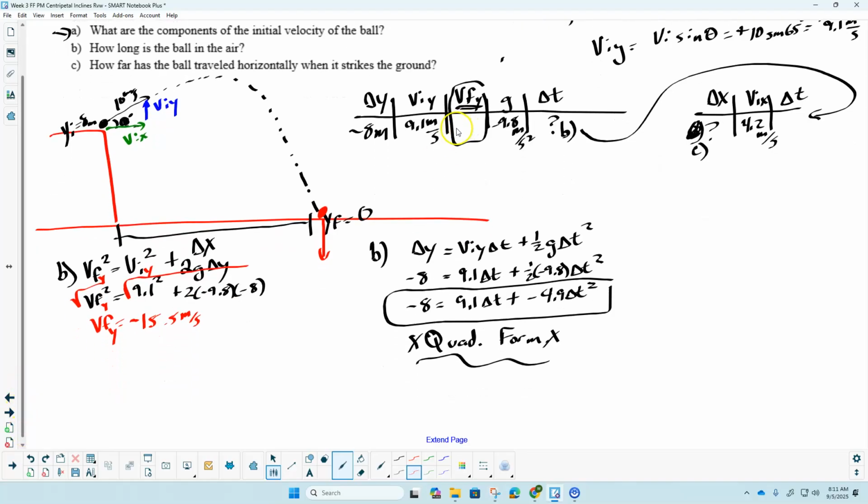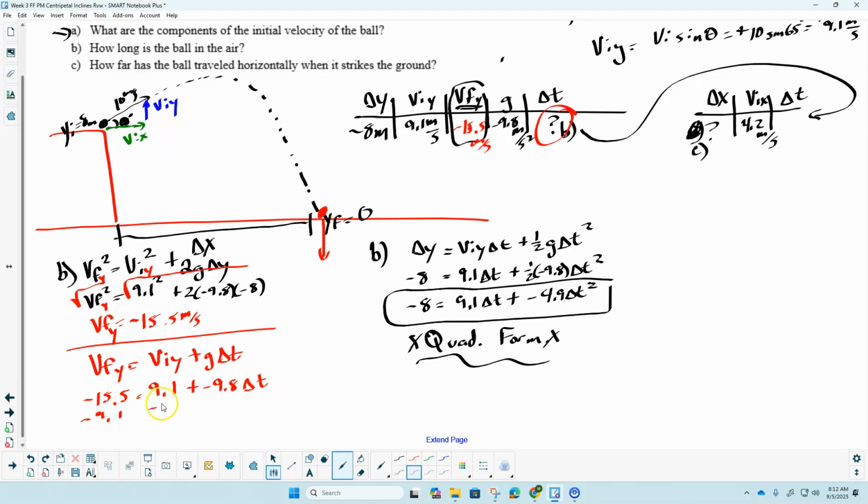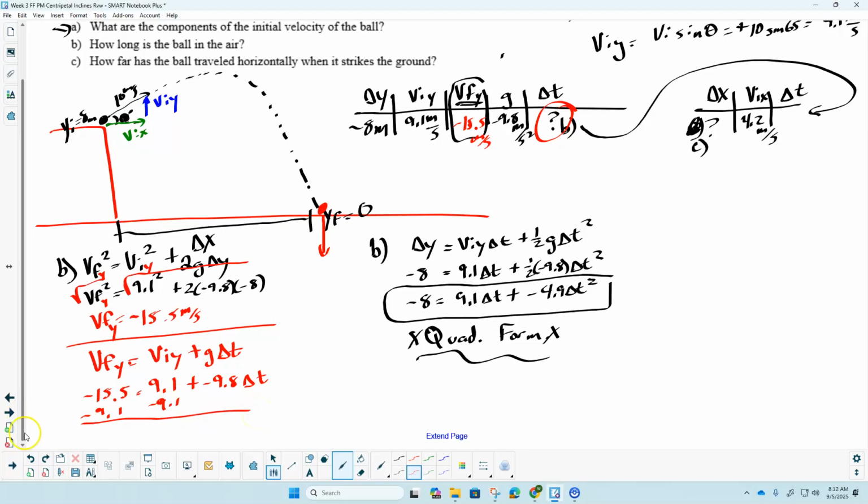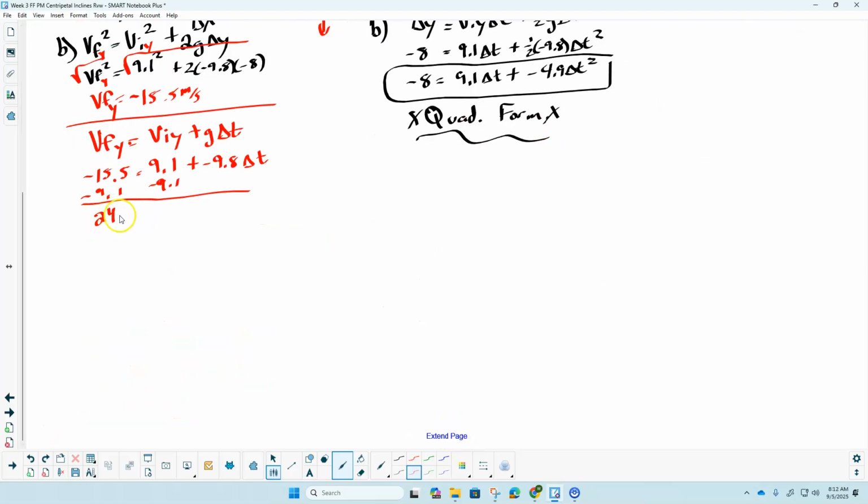And then now I'm going to put that in, and I can solve for T much more simply. So if I do the next part, VFY equals VIY plus g delta T, I can go through this in a much simpler fashion. 9.1 is my initial, gravity is negative 9.8, and delta T. I'm going to subtract 9.1 from both sides, and I'll get something like negative 24.6 equals negative 9.8 delta T, and then it's just doing the algebra.